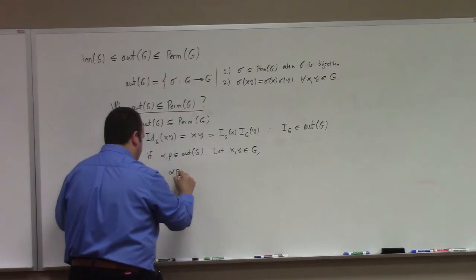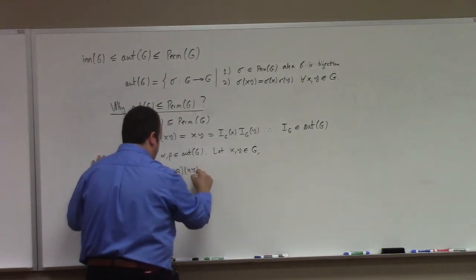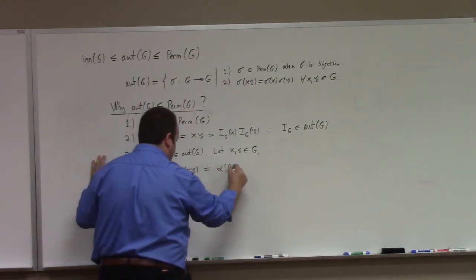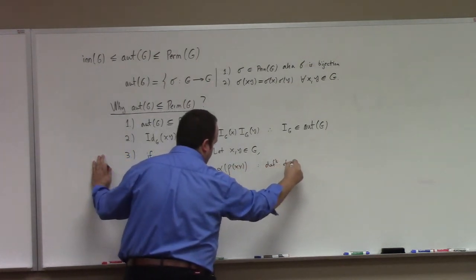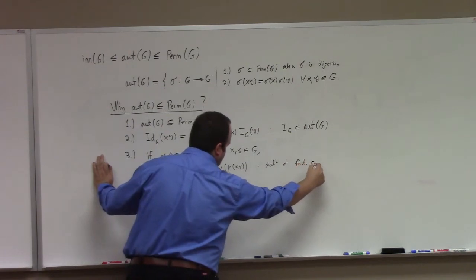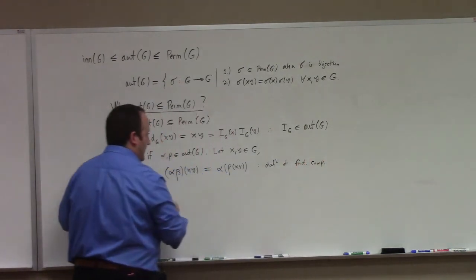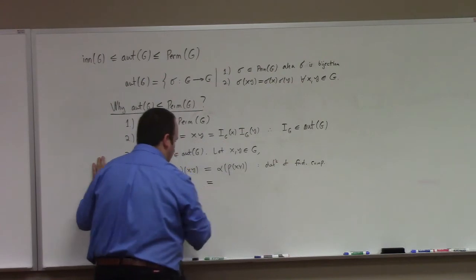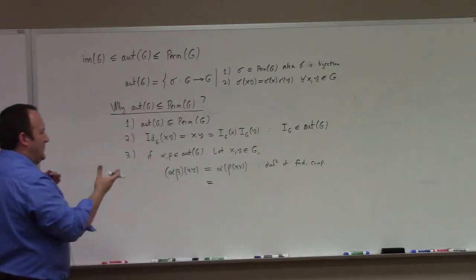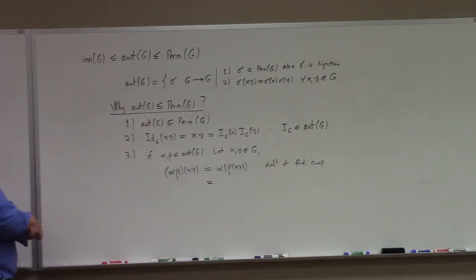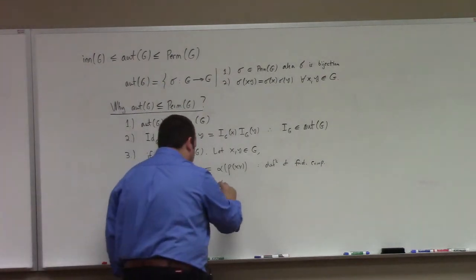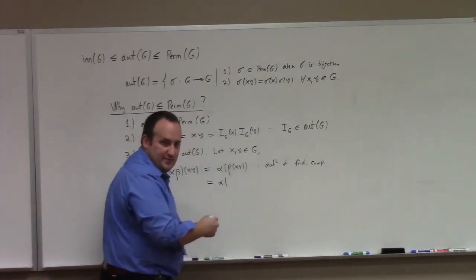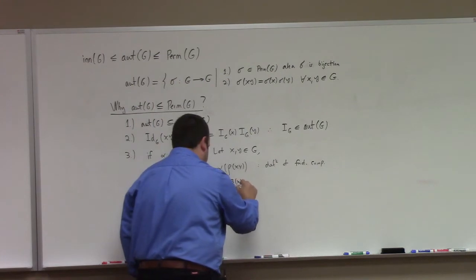Then we look at alpha beta of xy. This is alpha of beta of xy, by the definition of function composition. I'm going to stop writing that sort of thing, but I would be happy if you wrote that if I asked you to prove it. Okay, then what? Well, beta is a homomorphism, so beta of x times beta of y.